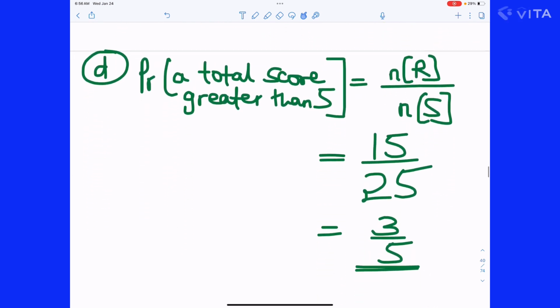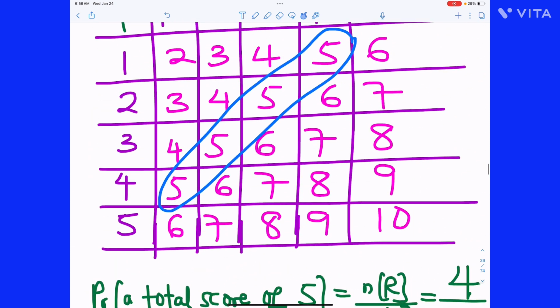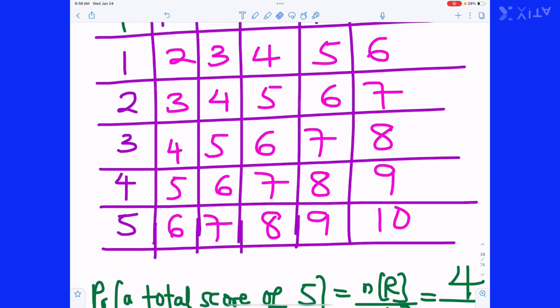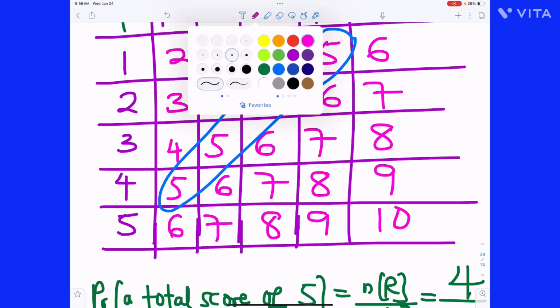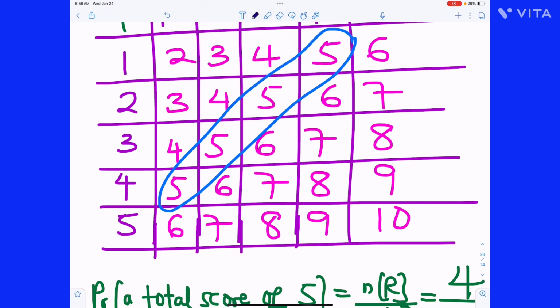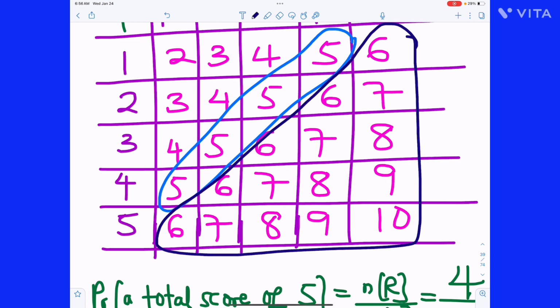So now the probability of getting a total score greater than 5. Okay. This one is now asking us what's the probability of getting a total score greater than 5. After marking out the total scores which are 5, all other remaining scores on the underside of that blue ribbon are greater than 5. So all these scores are greater than 5.